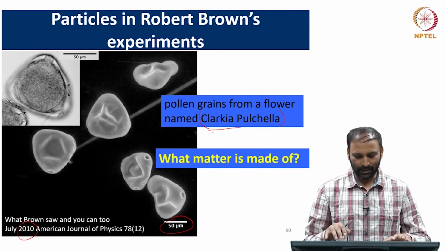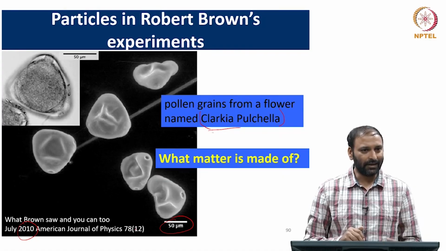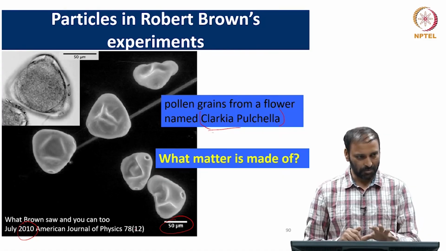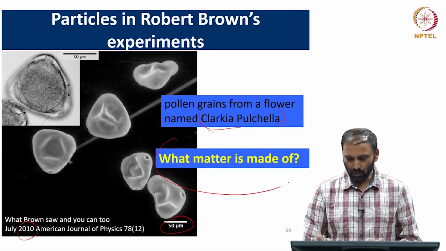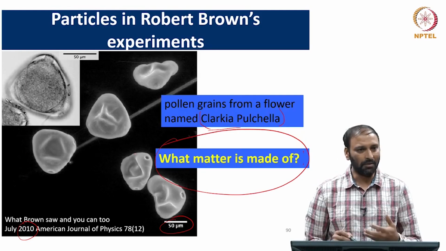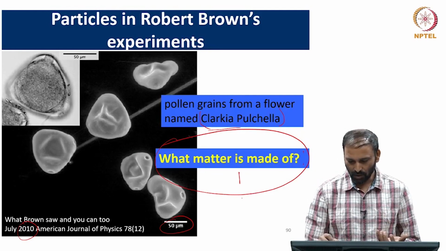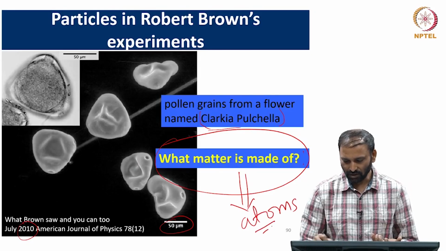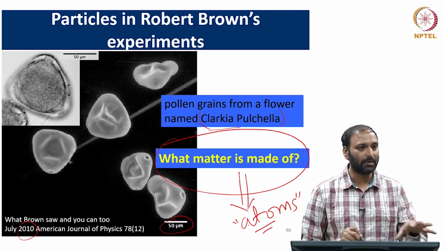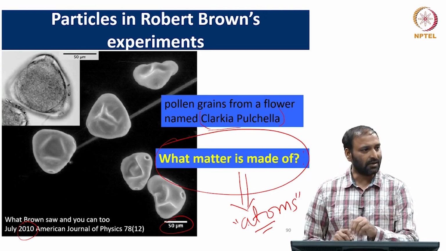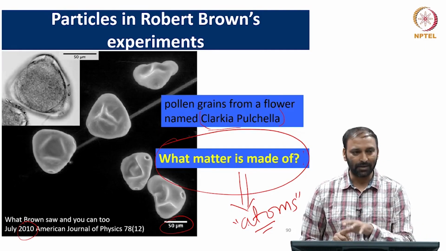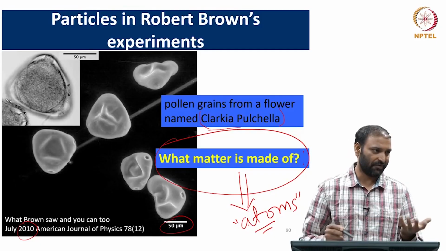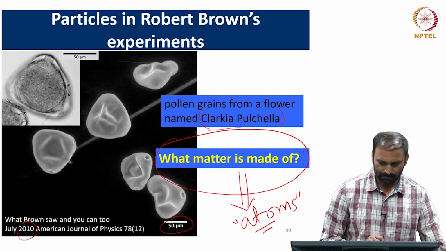Later on it turns out that these experiments of Robert Brown were essential to answer the question of what matter is made of. We know that atoms are the building blocks of everything, right? So his experiments were instrumental in telling us that atoms are the basic building blocks of everything around us.